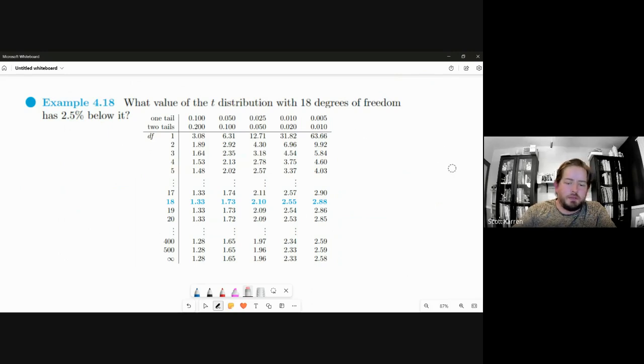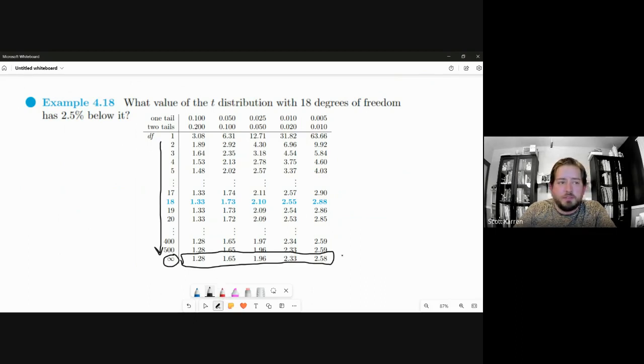You'll note as these degrees of freedom get larger and larger as we go down, this infinity right here corresponds to, you might recognize these numbers, some of them should look familiar, the z scores of a standard normal distribution, right? As we start off, these numbers get really large with small degrees of freedom.